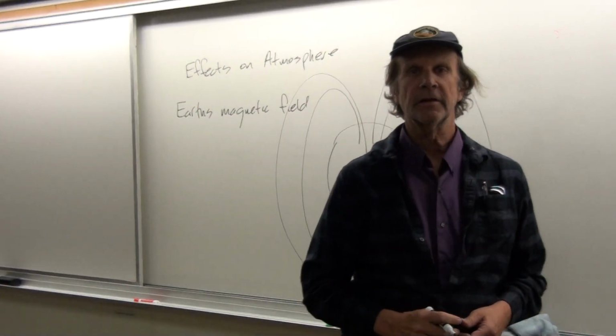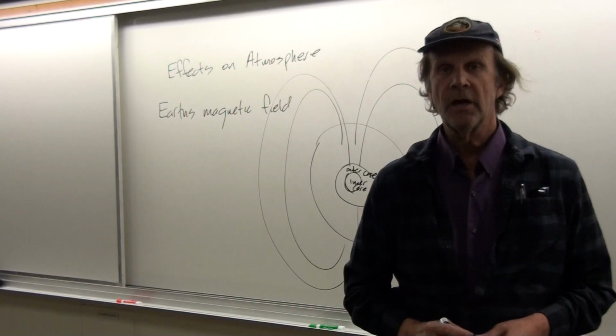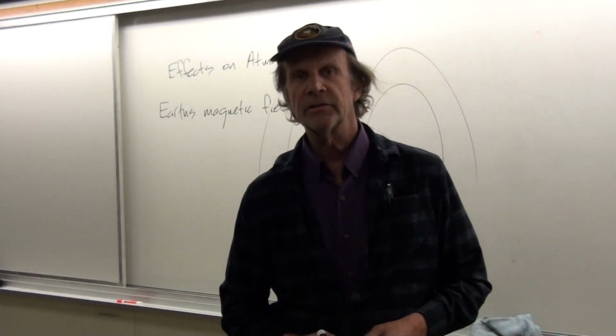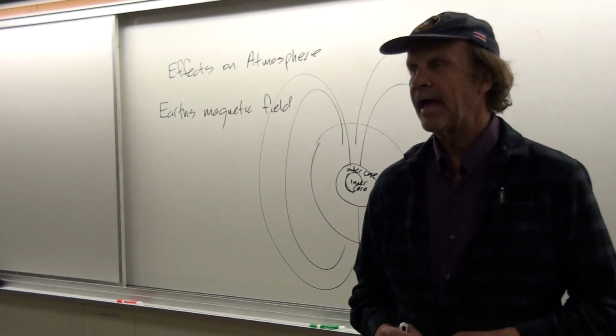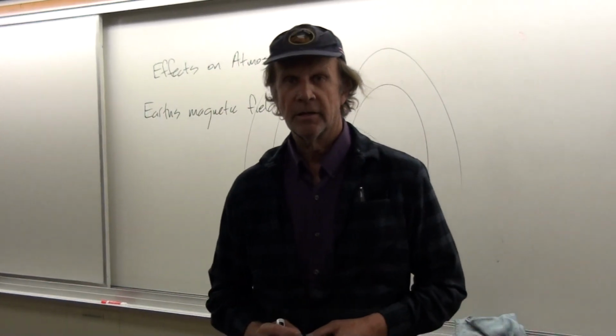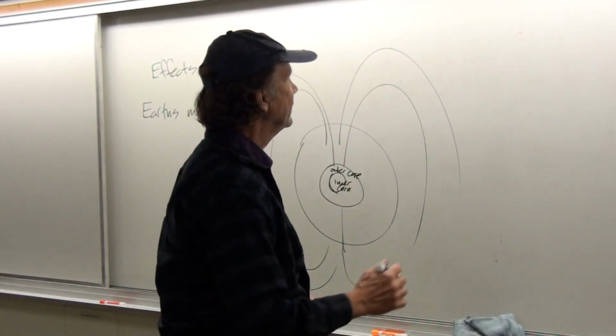All right, next I'd like to talk about the Earth's magnetic field and its relationship to our atmosphere. As it turns out, we have an atmosphere that is protected from harm from the sun by our magnetic field.